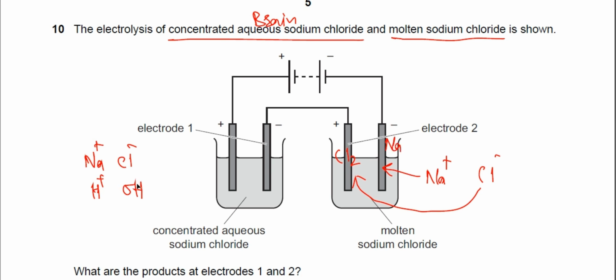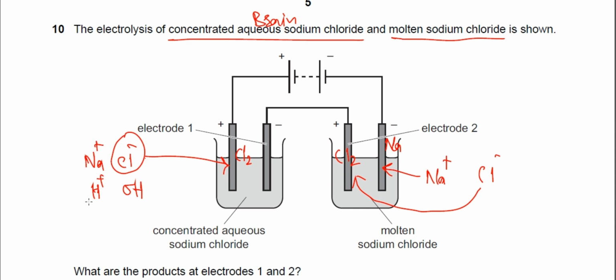But in this case, we know that there is a competition between the ions. Now you see here, the concentration of the chloride ion is higher, so these chloride ions will move towards the anode and discharge, and so we get chlorine gas at the anode.